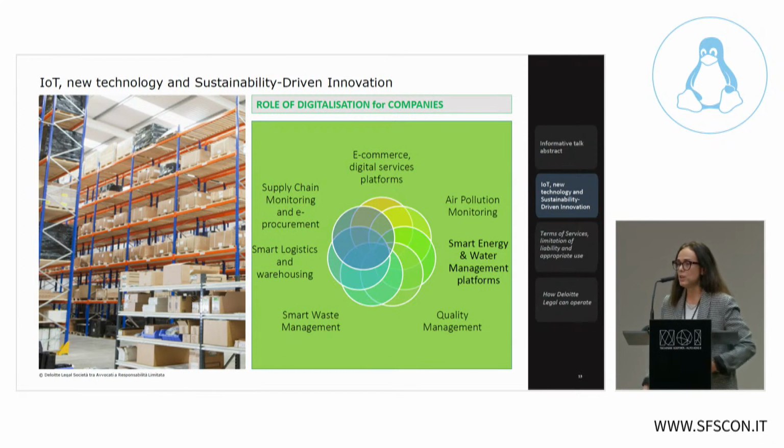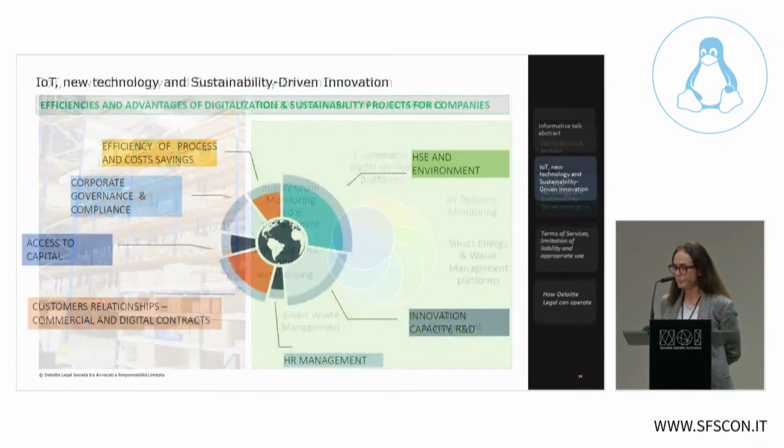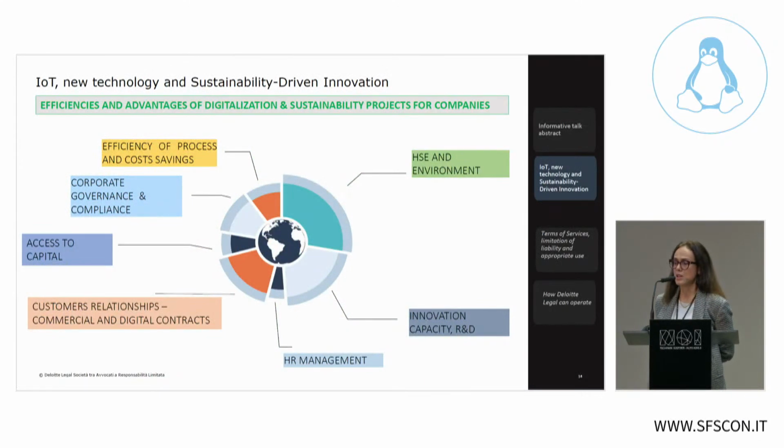These are all processes that a company can implement in the next year in order to be more digital and more sustainable, and to have also some of these funds from the recovery plans.